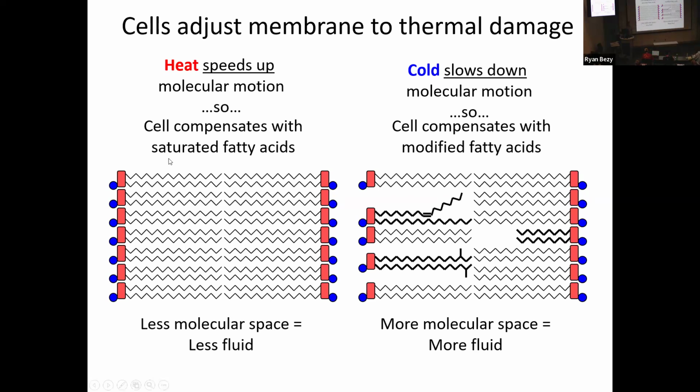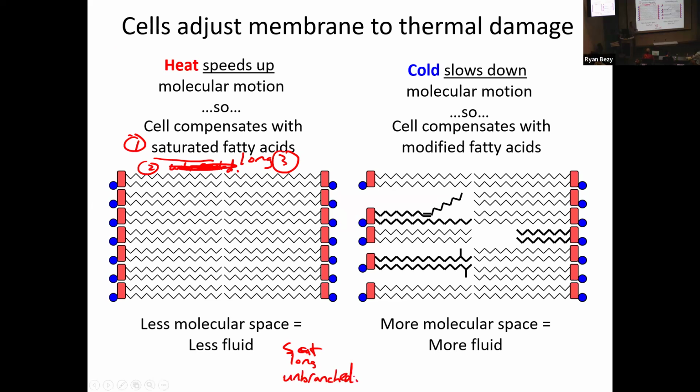So what the cell does is compensate with things like saturated fatty acids. We have long fatty acids. We have unbranched fatty acids. So yeah, we're going to use saturated, long, and unbranched under high temperature.